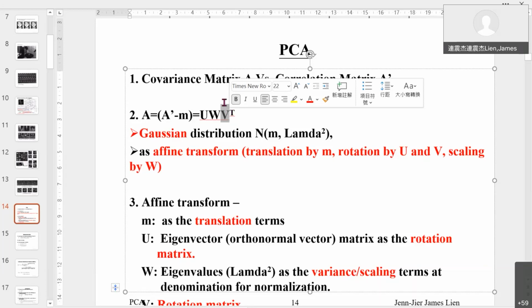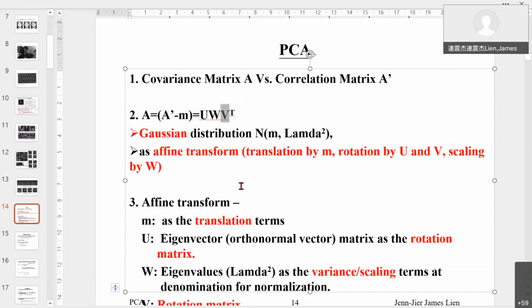So why do we need eigenspace? I'll talk about that right away.